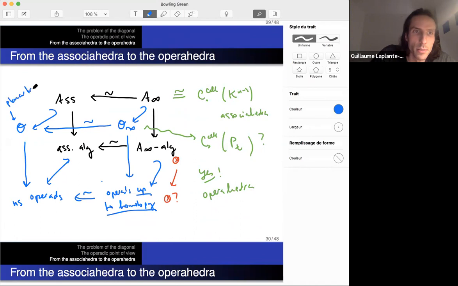But if you want to encode symmetric operads, then you need non-planar trees, and you need a colored operad, and you don't only need to color by the natural numbers, but you need to color by groupoids. But this was developed by Ben in one of his papers.